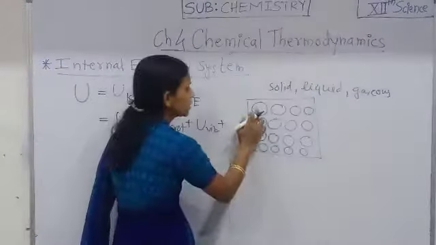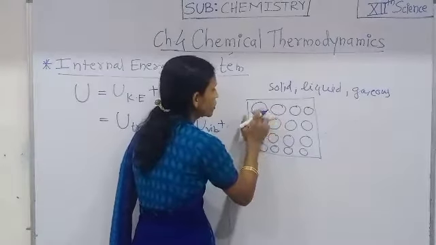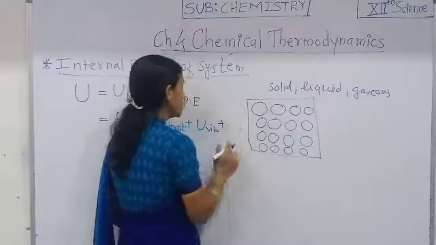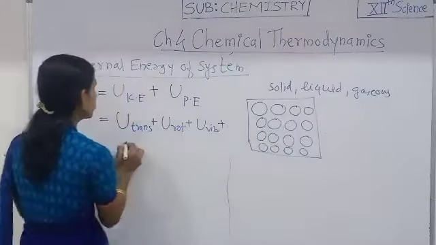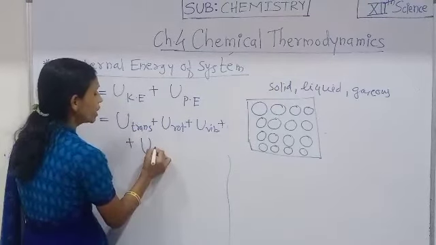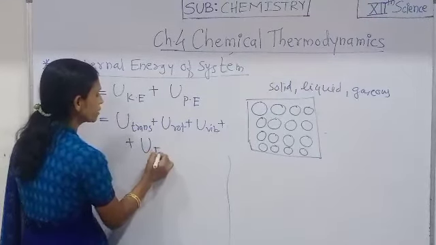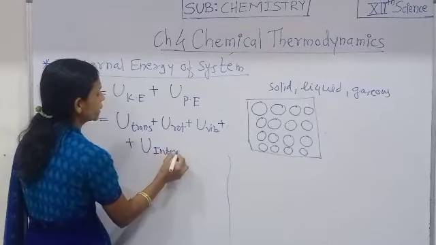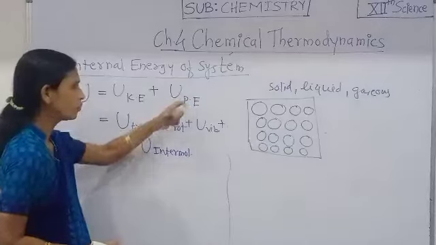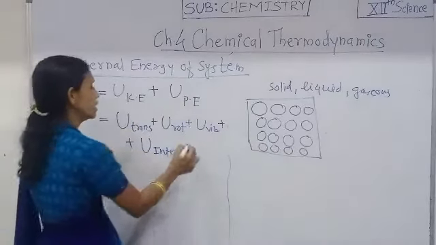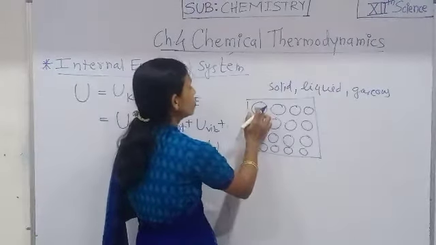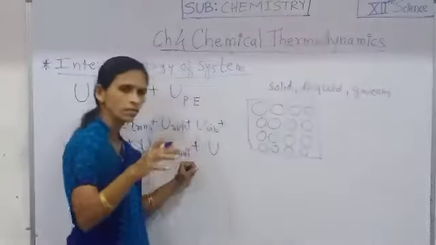See here, there is interaction between molecule and molecule, which is called intermolecular interaction, and the energy related with that intermolecular interaction is a potential energy type of energy. As well, the molecule is made up of atoms.